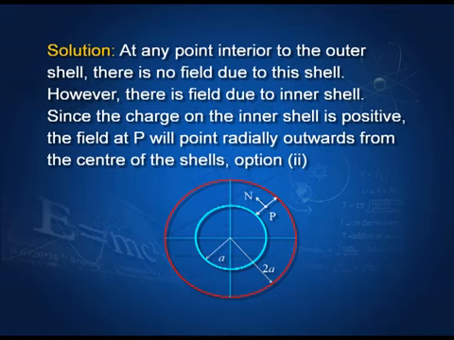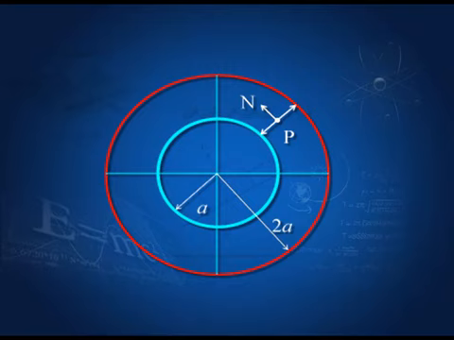So, the field is only due to the charge on the inner shell, and that field is radial, as we found in the last lecture. So, at the point P the field is radial from the center of the two shells, in this direction, not in this direction. The charge is positive, therefore, the field points radially outwards.